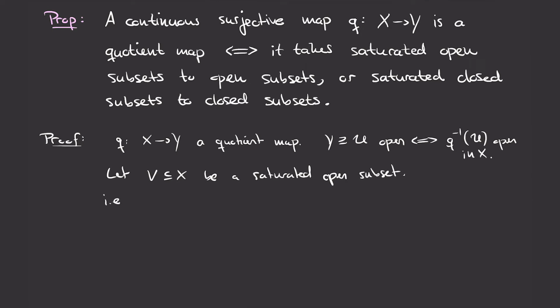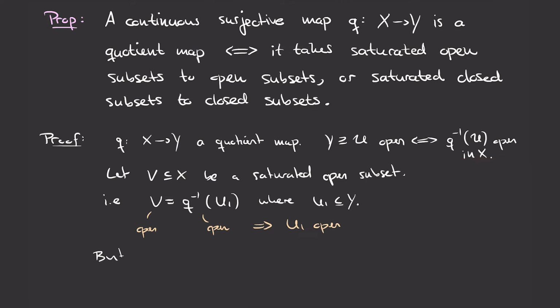In other words, by the definition of what it means to be a saturated subset, V is just the preimage of some, I'll just call it U1, where U1 is a subset of Y. Okay, but this subset V was assumed to be open, so also this preimage is open, and from this it now follows that U1 is open by the definition of what it means to be a quotient map. But U1 is just equal to Q of V, or Q of Q inverse of U1.